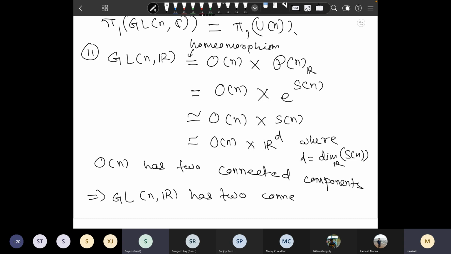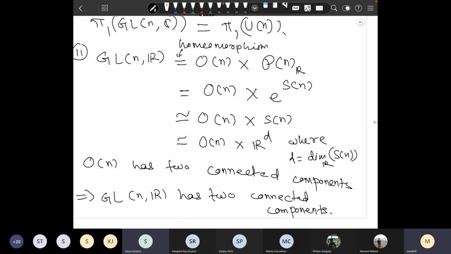Okay, and in this case, you know that the fundamental group is only defined for path connected spaces, so it doesn't make sense to say that the fundamental group of GL(n,R) is the fundamental group of O(n). Okay, so this is the thing.